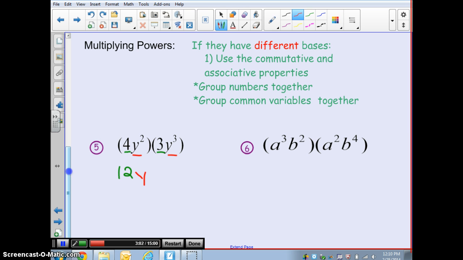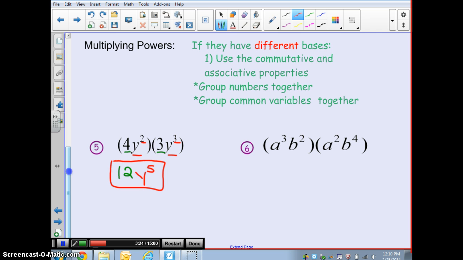I'm going to take the exponents 2 and 3, and I'm going to add them together. So 2 plus 3 is 5. So my answer would be 12y to the 5th. So we just multiplied the coefficients in front. We wrote the common base y and added the exponents.